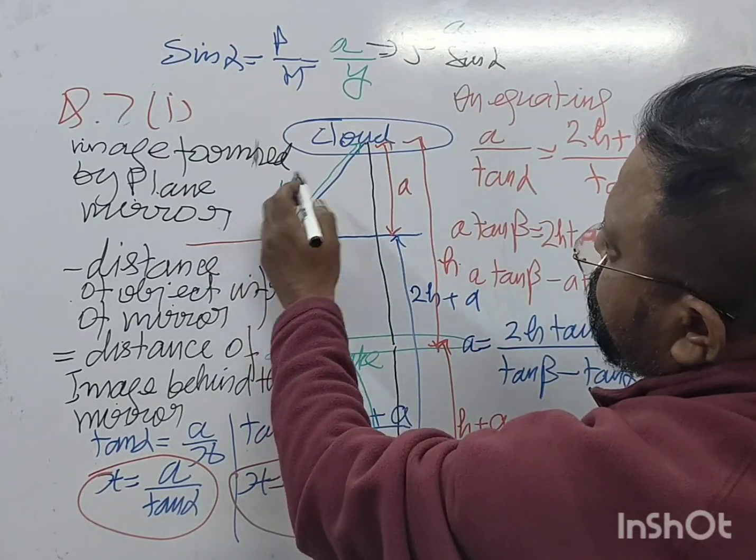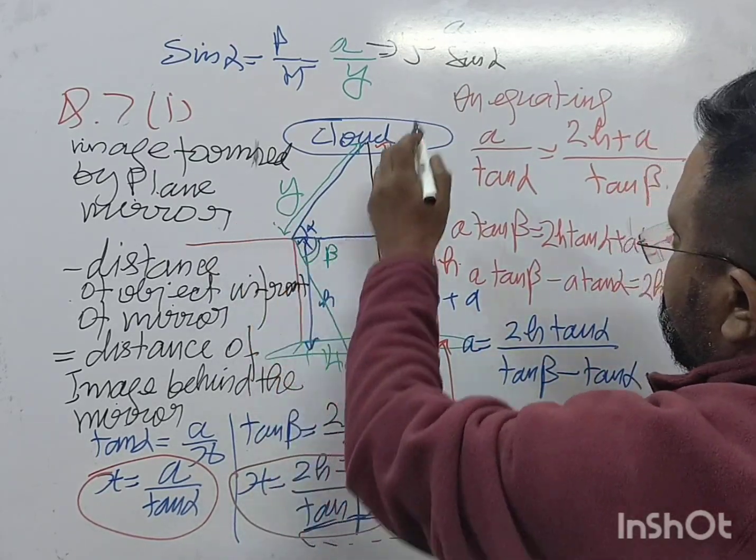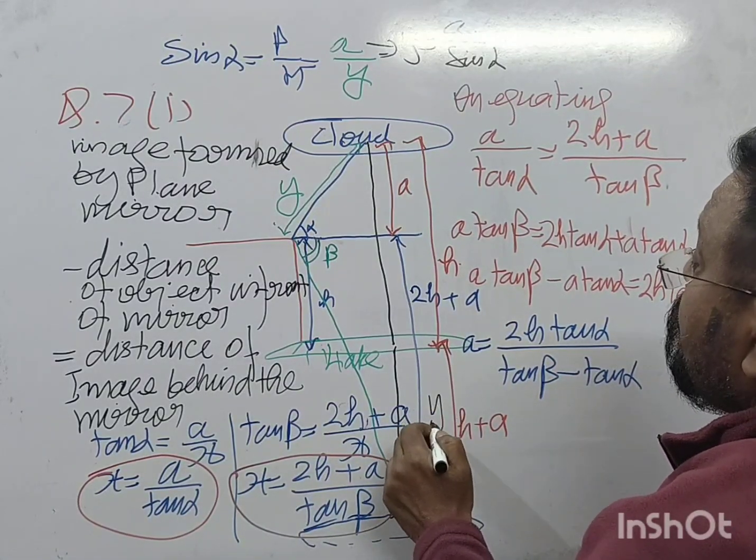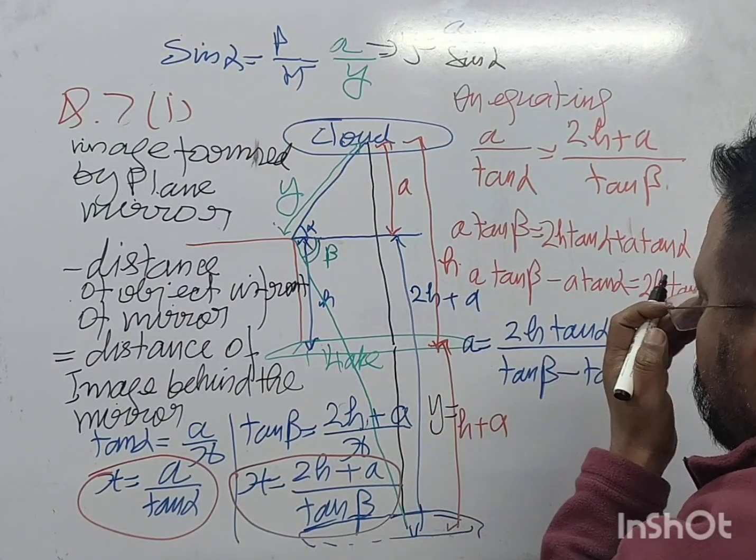So the distance from the point is y is equal to A upon sine alpha.